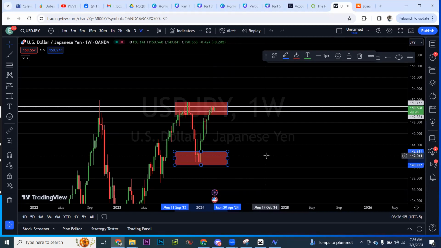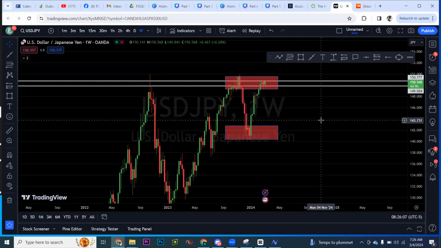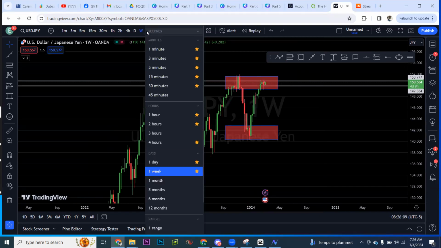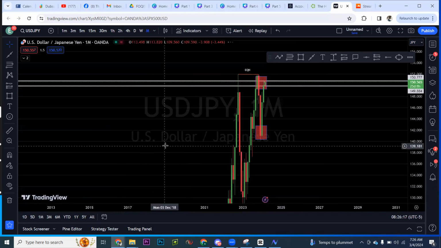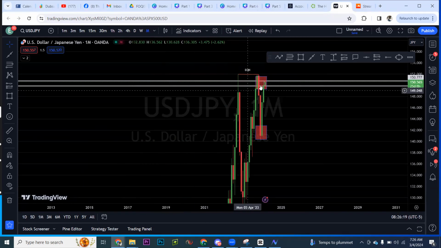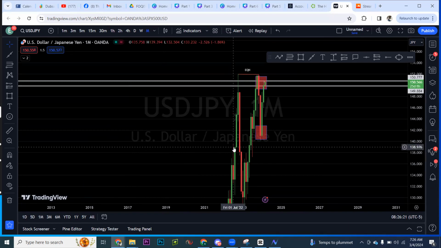Now that we have our zone that we're trading within, even looking at the monthly time frame, the monthly high and the weekly high are at the same spot. It's equal highs.